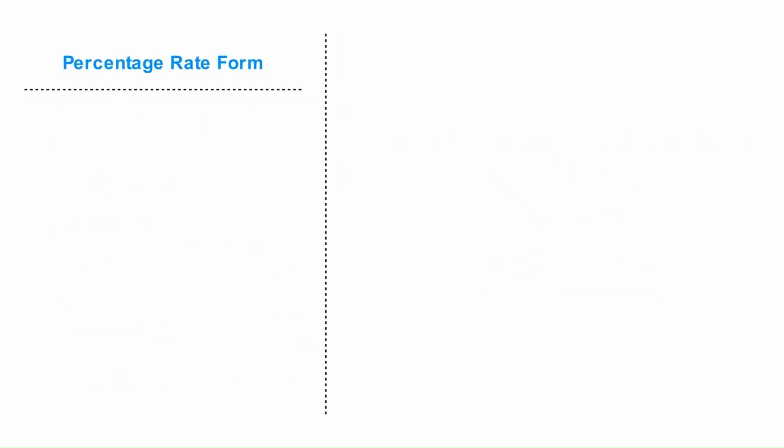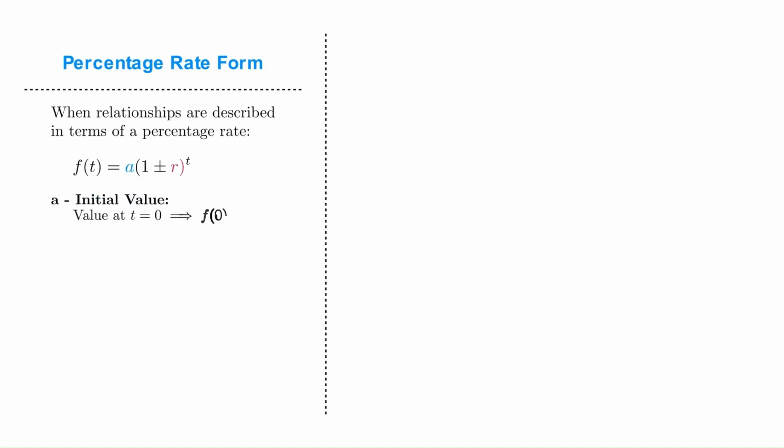When relationships are described in terms of a percentage rate of change, we often use the percentage rate form. F of t equals a times 1 plus or minus r, to the power of t. In this model, a is the initial value at t equals 0. The variable r represents the percentage rate expressed as a decimal.